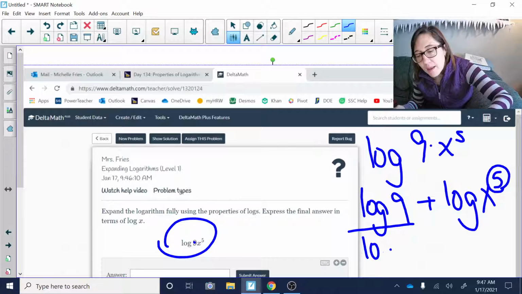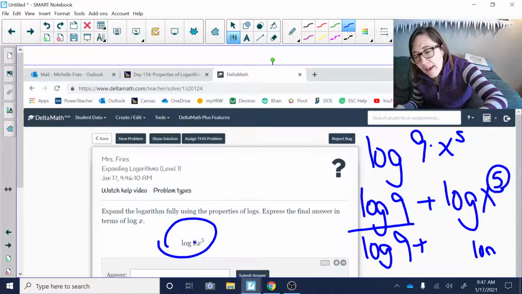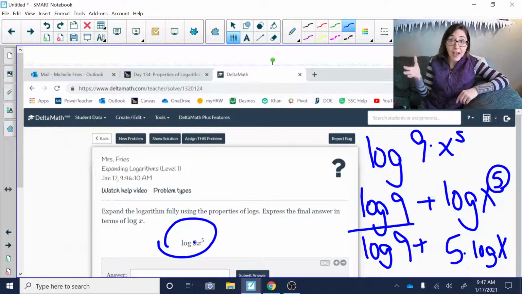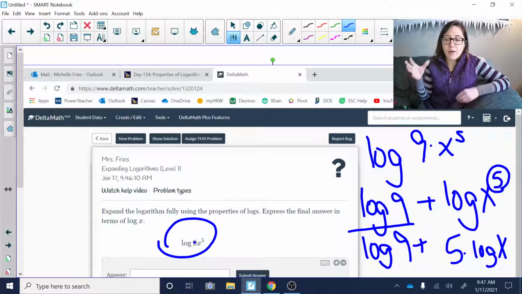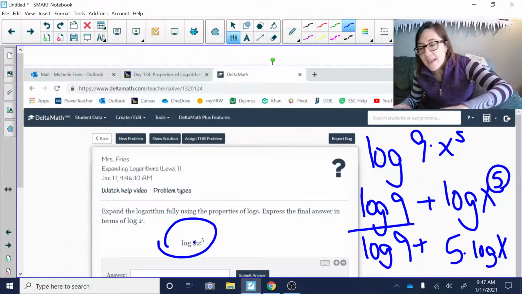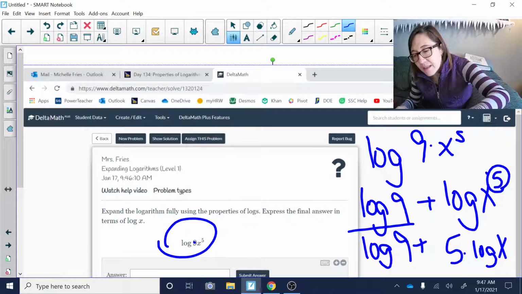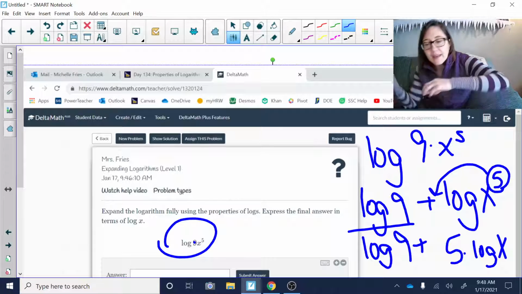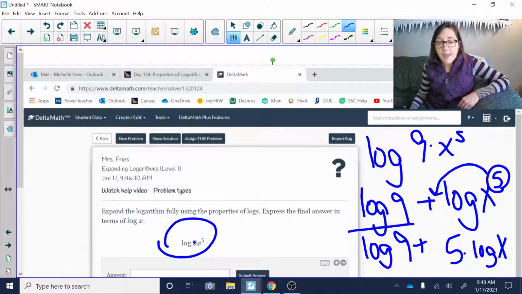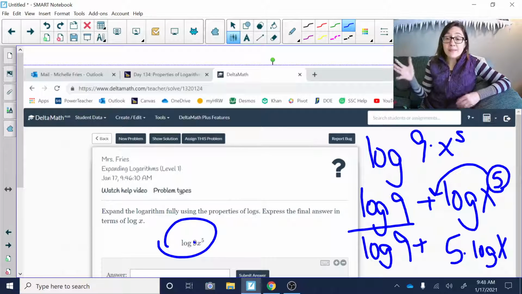So log of 9 plus, the log of x is an exponent, and I'm going to multiply it by the 5 because it's also an exponent. I'm multiplying the exponents because the logarithm tells us an exponent. You can think about it as the 5 moving out front and getting multiplied. So there we go, there's some to get you started.